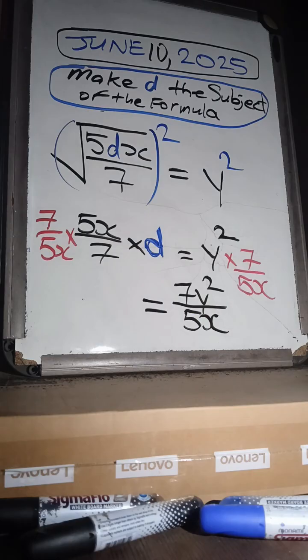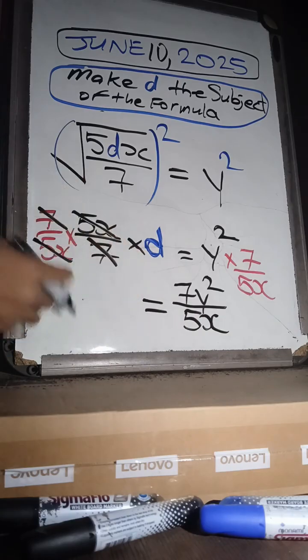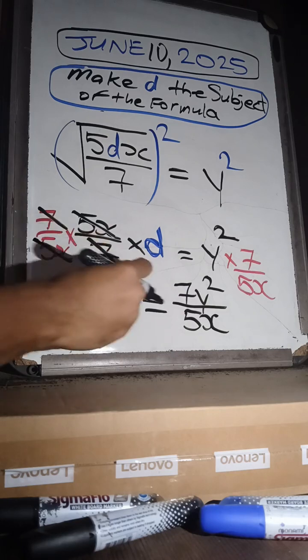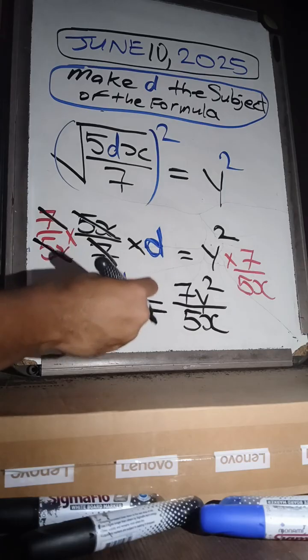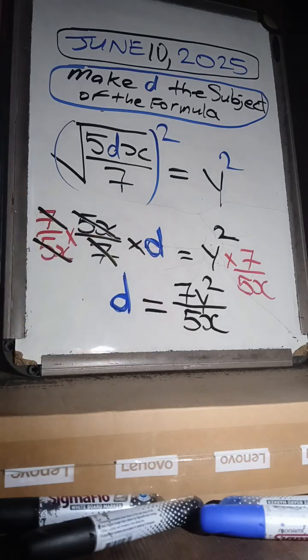That's on the right. 5x divided by 5x is 1. 7 divided by 7 is 1. 1 times d is just d.